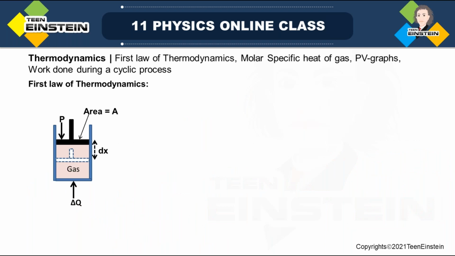See, experimentally we'll see how we can verify this first law of thermodynamics. That means delta Q equals delta U plus delta W. Please remember, W means work done.